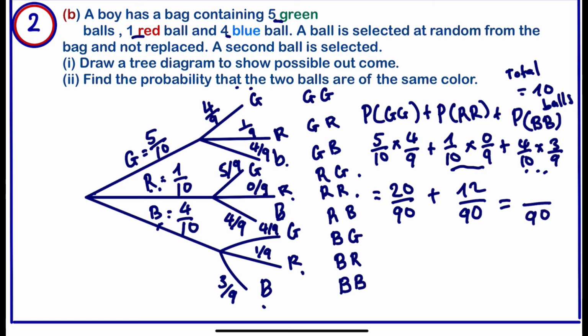If we add this, we have 32 over 90. If we simplify, we are going to have 16 over 45, because we can divide by 2 and yet by 2. So this will be our answer for question 2.